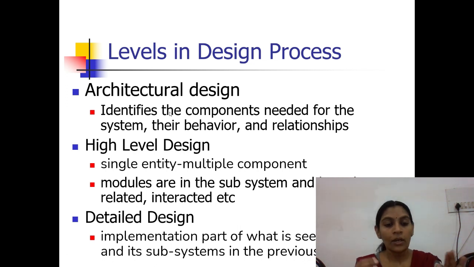So I'll have one entity wherein I'll have different components which will be communicating with each other, and all the subsystems will be having some connection with each other, and we know the relationship very clearly, what they are interacting, what information they are passing, all those things are very clear in the high level design. And the detailed design is the implementation of what we have seen in the subsystems and the main systems. So that is detailed design about individual component level design. So these are the levels in design.